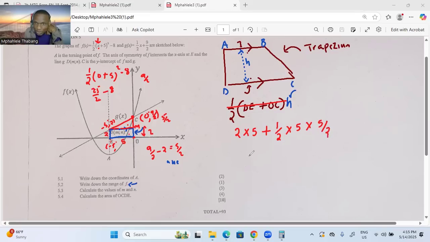So my area is going to be 10 plus 25 over 4. 10 times 4 is 40, plus 25, it's 65 over 4. So that is the area of OCDE.